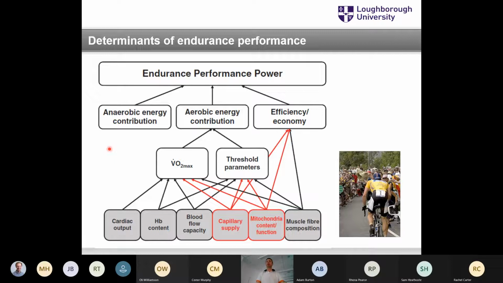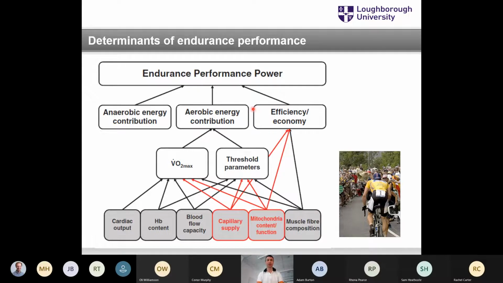We've modified it slightly, but clearly endurance performance is determined by the aerobic contribution to exercise, which is underpinned by VO2 max and the various threshold parameters. We won't get into a debate about those specific ones, but we're talking about lactate threshold and critical power.